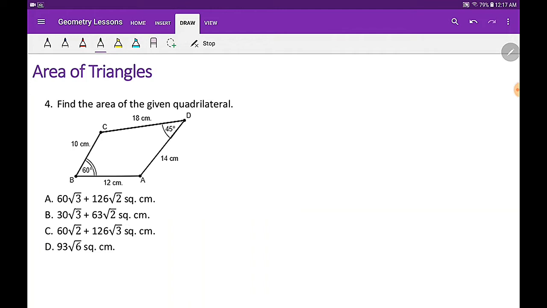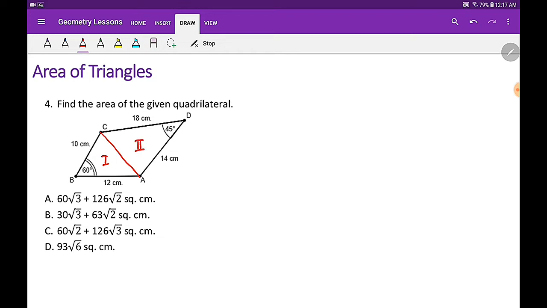So now what we could do in this type of problem is divide it into two sections. If we draw the diagonal from one vertex, this is vertex C and vertex A, we're forming two triangles, triangle number 1 and triangle number 2.